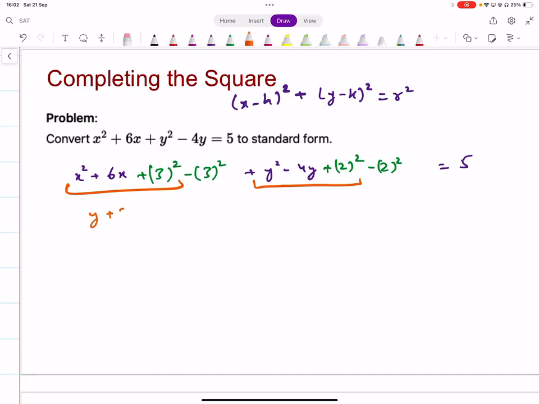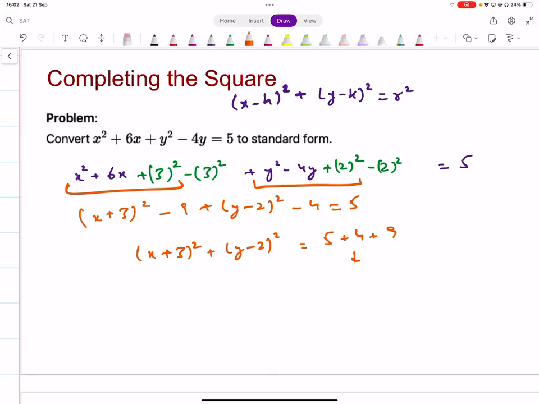So that's (x plus 3) whole squared minus 9 from here, plus (y minus 2) whole squared minus 4 from here, equals 5, and that gives you (x plus 3) whole squared plus (y minus 2) whole squared equals 5 plus 4 plus 9, and this is 18.